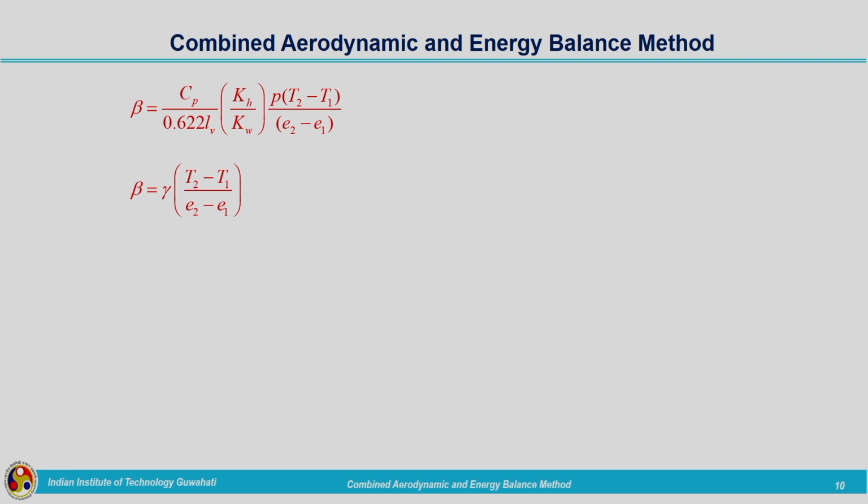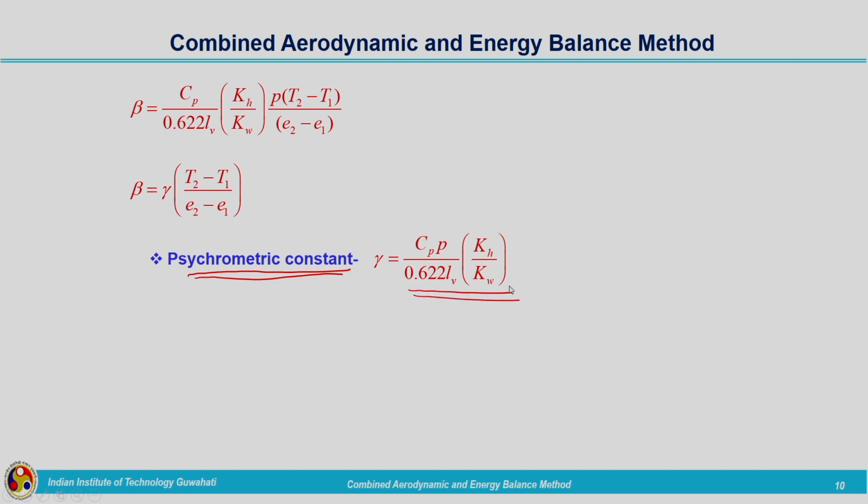Beta is written as gamma times T2 minus T1 divided by E2 minus E1. What is gamma? Gamma is termed the psychrometric constant. Whenever you are dealing with evaporation, you may come across the term psychrometric constant. It is given by Cp P divided by 0.622 Lv, Kh divided by Kw. So, this is the equation for Bowen's ratio.